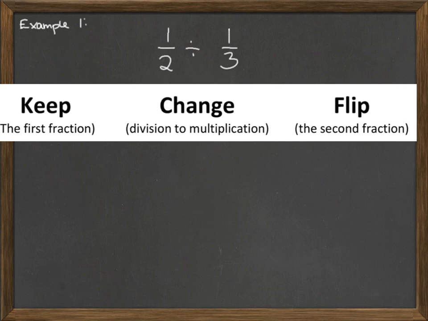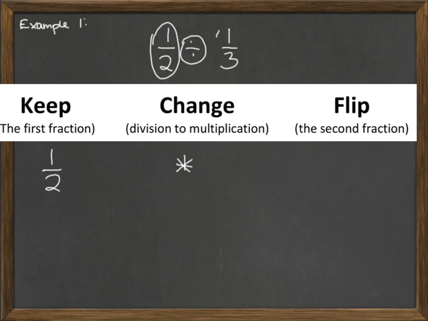Okay, so when I say keep, change, flip, what on earth am I talking about? Well, when I say keep, what I mean is I want to keep the first fraction. In other words, 1/2 just stays 1/2. Nothing happens to him. When I say change, what I mean is I'm going to change this division sign to multiplication. Because by definition, dividing by 1/3 is the same as multiplying by its reciprocal.